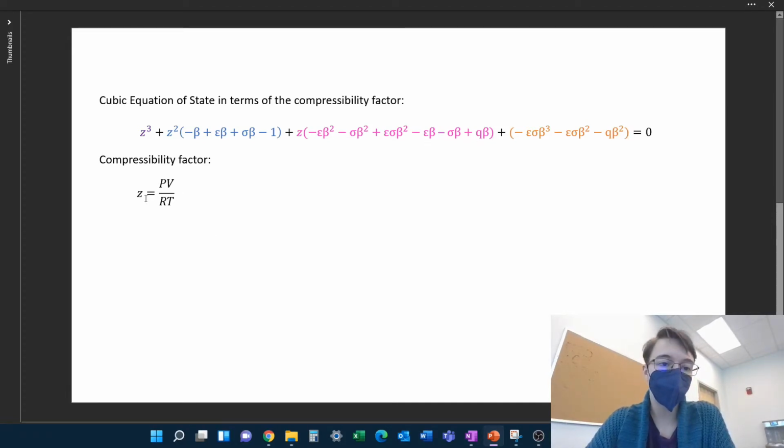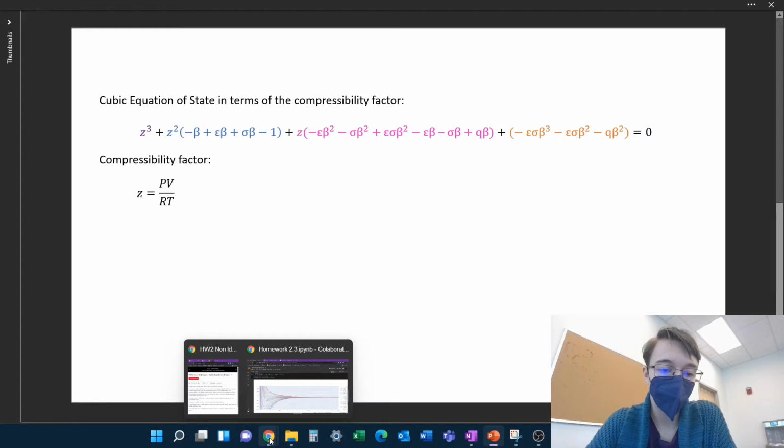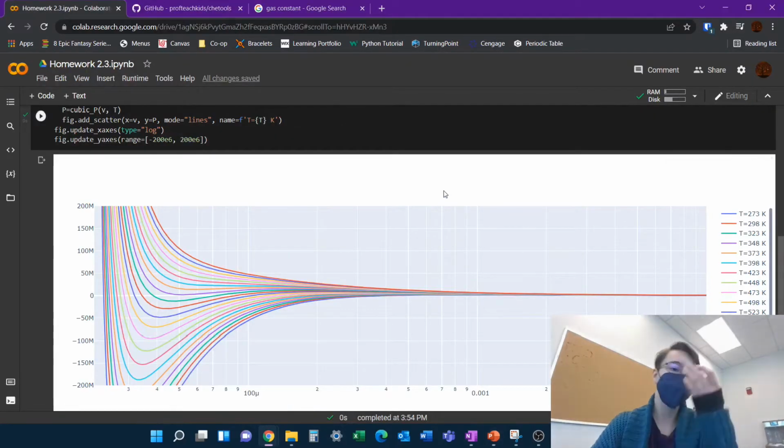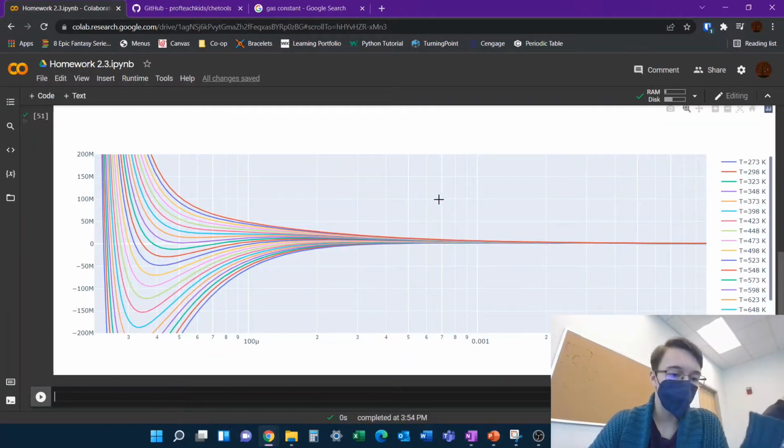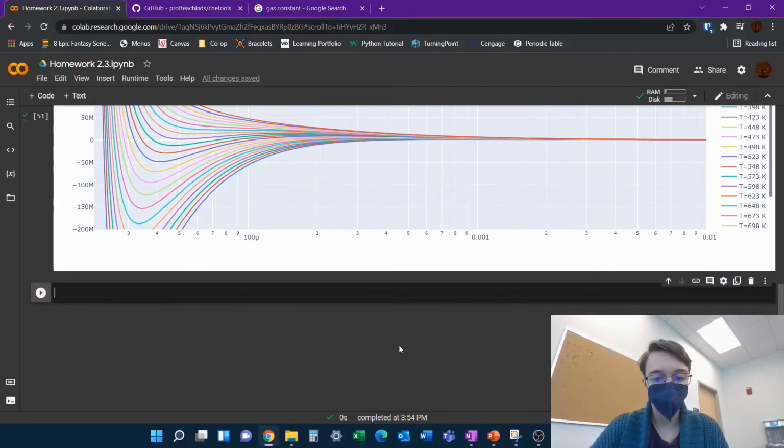I also have the compressibility factor definition written out here for us, because then we can find the roots of this equation and then rearrange it to solve for v, which is what we're looking for. Okay, so first thing we're going to want to do is code in the Cardano's formula into our Python. I'm going to use the same Python workbook that I was using in an earlier video.